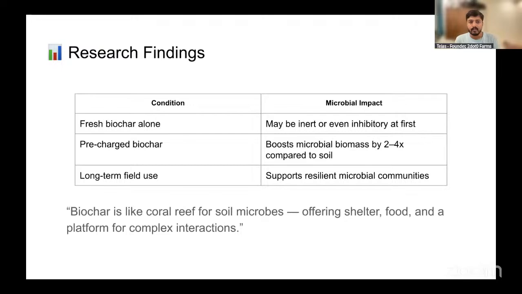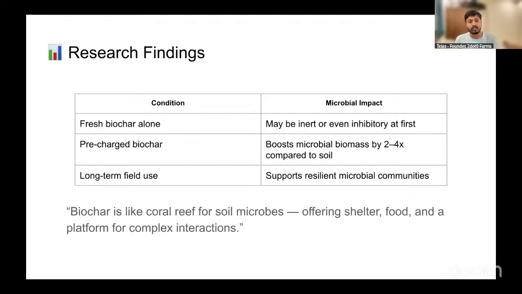And recharging also helps. Recharged biochar boosts microbial biomass by 2 to 4 times compared to just the soil. Recharged biochar is bringing along with it microbes and also food for the microbes for them to live. And when we see fields that have been using biochar for a long time, we see very resilient, very robust microbial communities, which are very basic for healthy soil and healthy people.